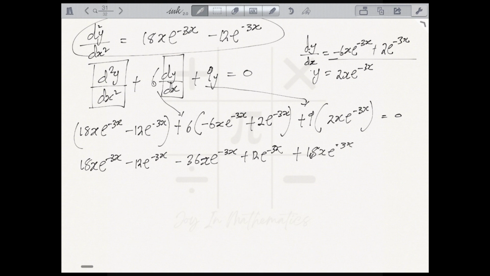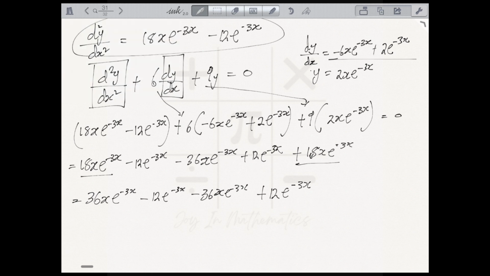Now 18x exponential minus 3x, 18x exponential minus 3x will give us what? 36x exponential minus 3x minus 12 exponential minus 3x minus 36x exponential minus 3x plus 12 exponential minus 3x.